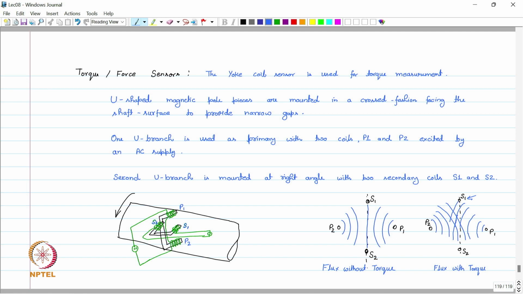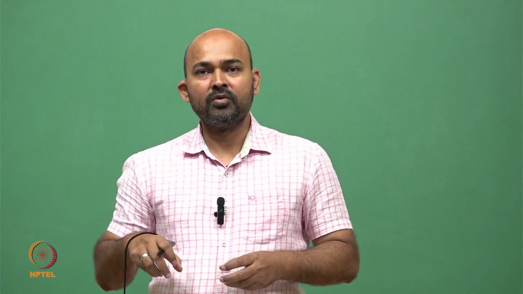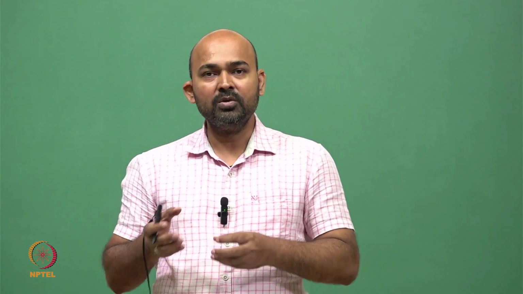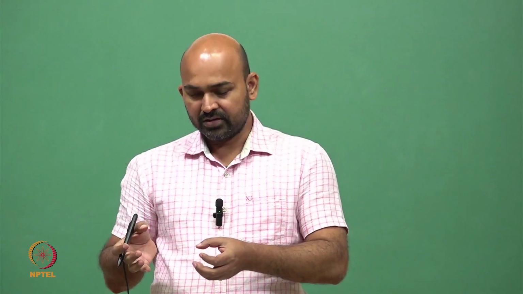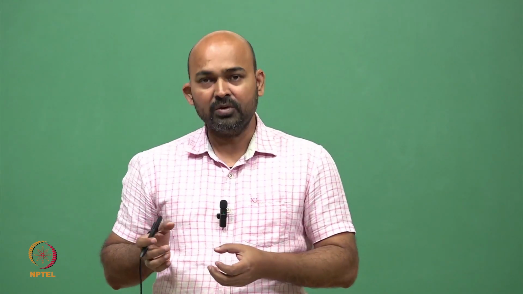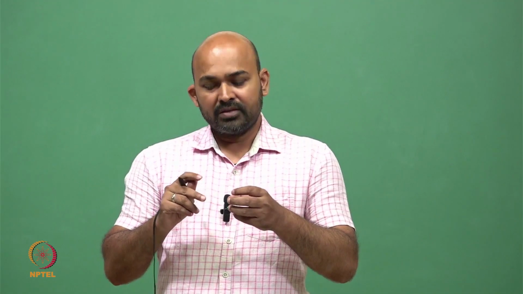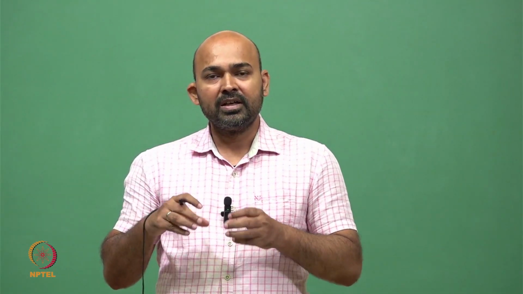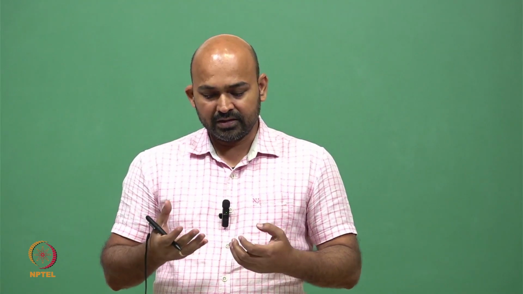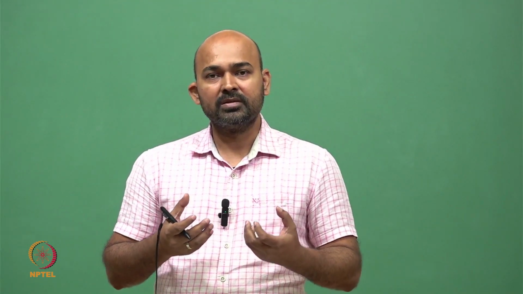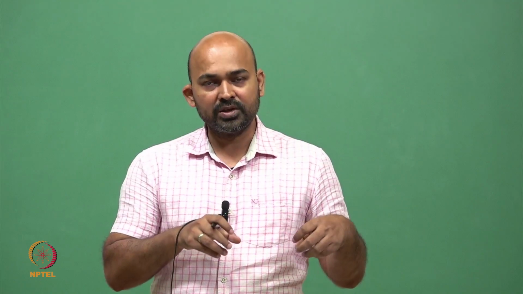This change in the S1 and S2 voltages, because this flux leads to some potential buildup across the secondary windings S1 and S2, gives us the reading of how much torque is actually applied on the shaft.